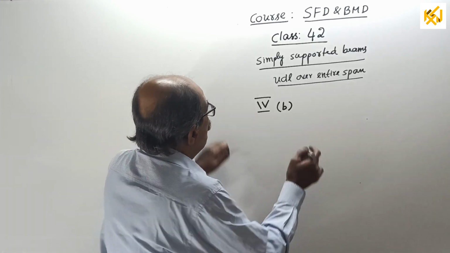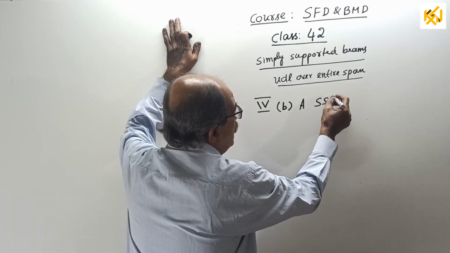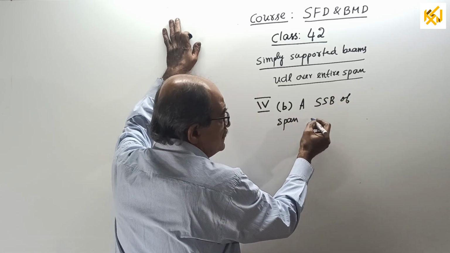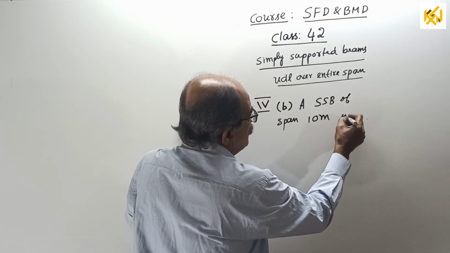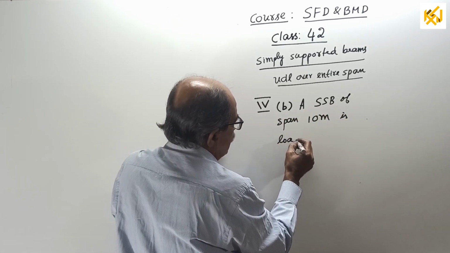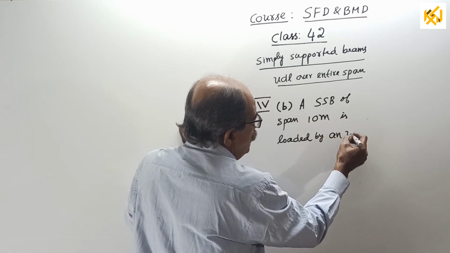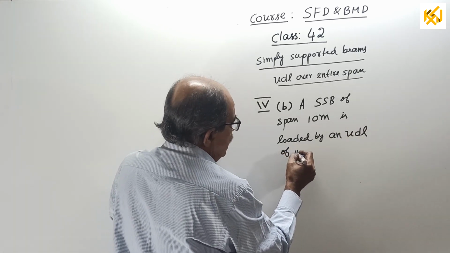Okay, start. B. The question, I will write here. A simply supported beam of span, any span, say 10 meter, is loaded by a uniformly distributed load, or short form u.d.l, of intensity.